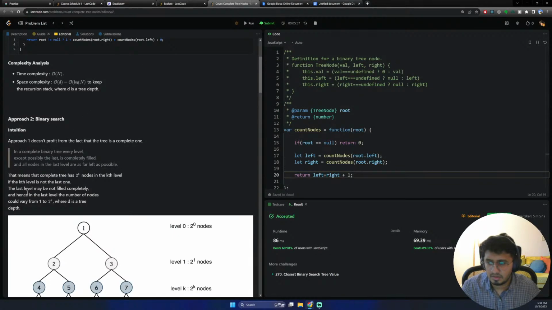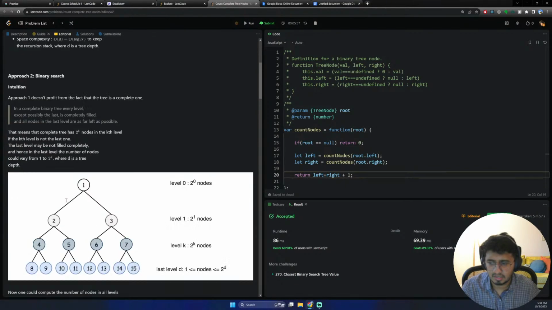Okay, so in the last level the number of nodes would vary from 1 to 2 raised to d, where d is the depth of the tree.